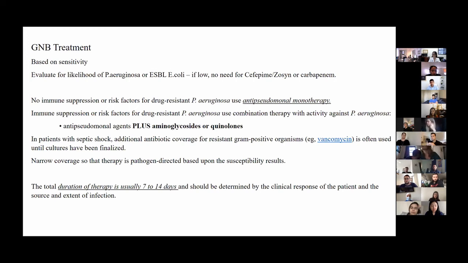And one dose of an aminoglycoside is not going to make or break their kidney function. And again, when they're that sick, we add vancomycin, even if we are concerned about Pseudomonas. Again, the duration is short. Depending on what we're treating, 7 to 14 days is usually adequate, because we usually have a focus that we know. And so the duration is not the problem here. Okay.